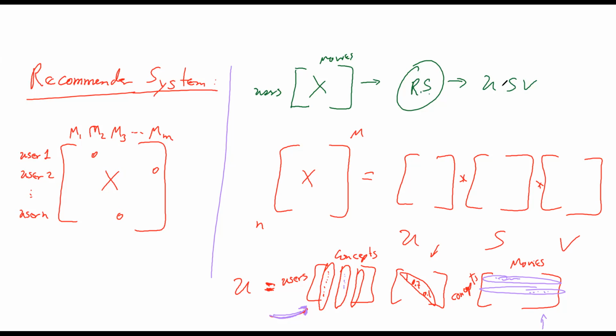It's gonna give you these three matrices, and then you use these three matrices, which have this intuition down here, to derive meaning and recommend movies.